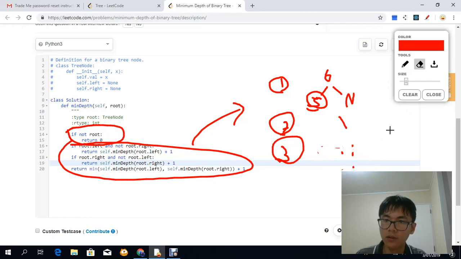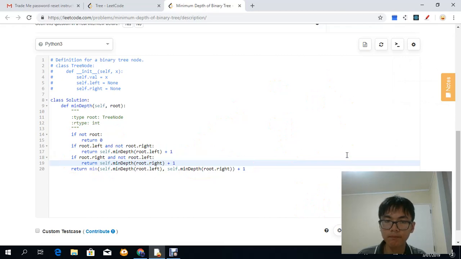If A is less than B, then A plus 1 should be less than B plus 1, right? That's why we choose the smaller one, because we are trying to find the minimum depth.